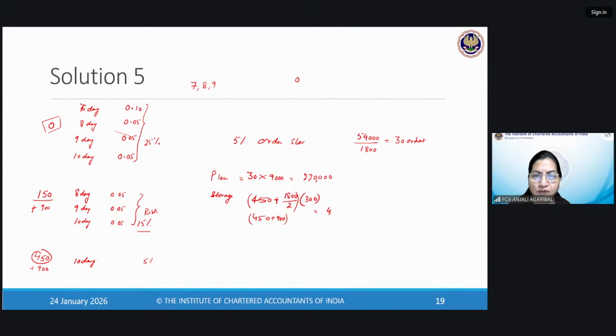So your storage cost would be 4,05,000 and placing cost would be 2,70,000. So 6,75,000 would be your total placing and storage cost if you keep a safety stock of 450 units.